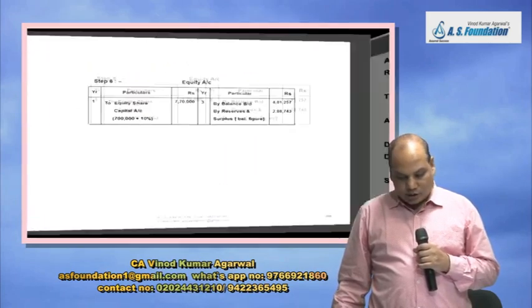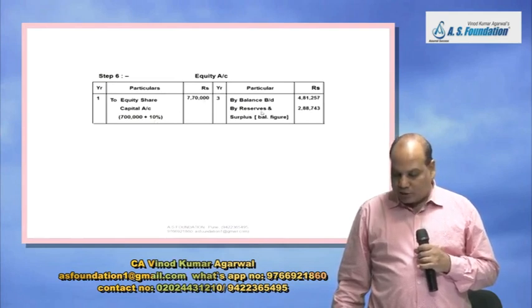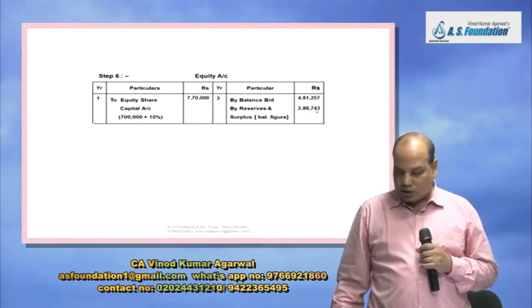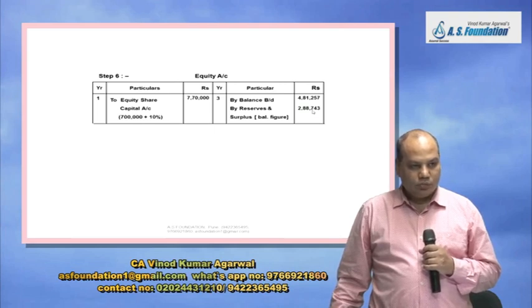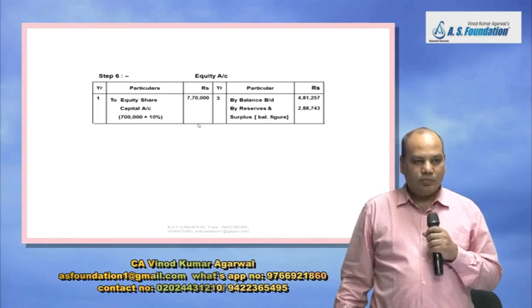They had mentioned that redemption is at 10% premium. And by reserve and surplus. So this balancing figure will be adjusted in some equity account, $288,743. Okay. Now we will take a break.